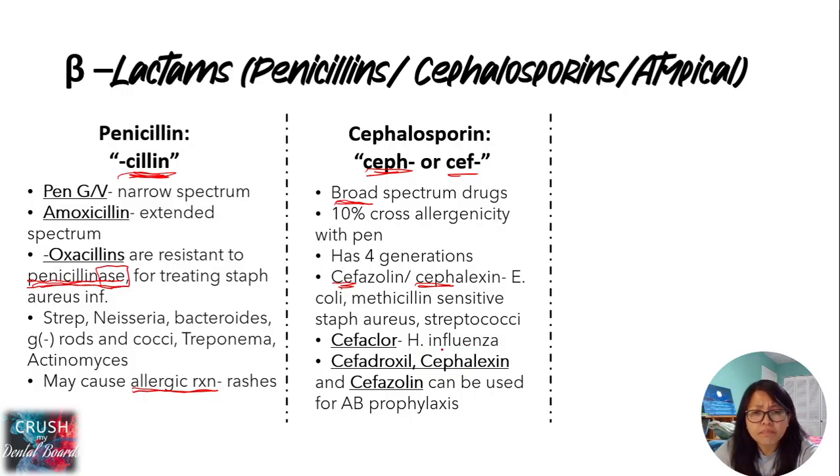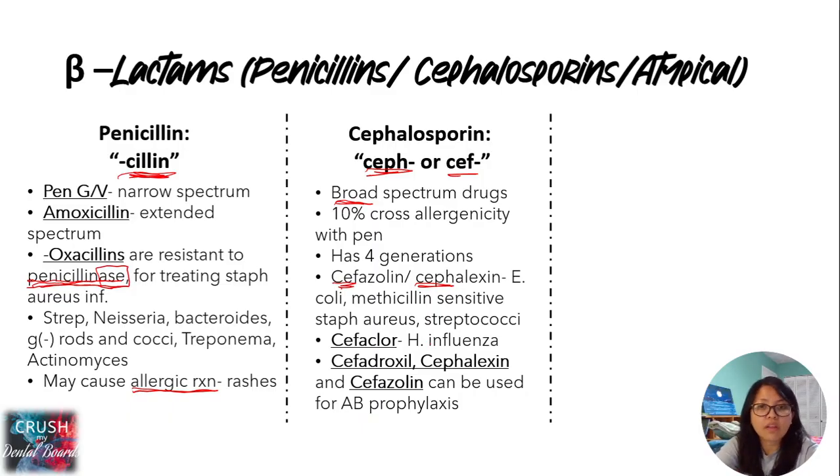And there's another drug, your cefadroxil, along with cephalexin and cefazolin. Now, these 3 drugs falling under cephalosporin, they can be used for antibiotic prophylaxis. So what's antibiotic prophylaxis? We'll find out later.